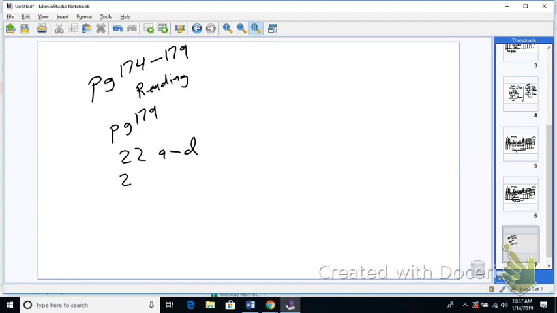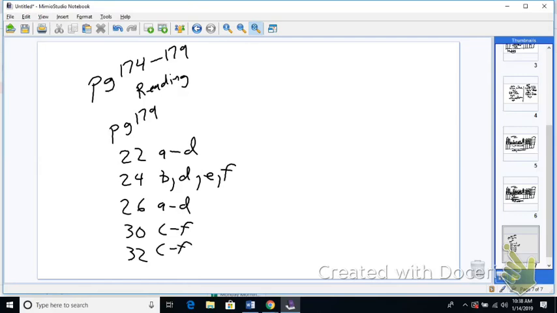So 22A through D, 24B, D, E, and F, 26A through D, 30, we'll change things up and go C through F, and 32, C through F. All you're doing is writing names and writing formulas for those.